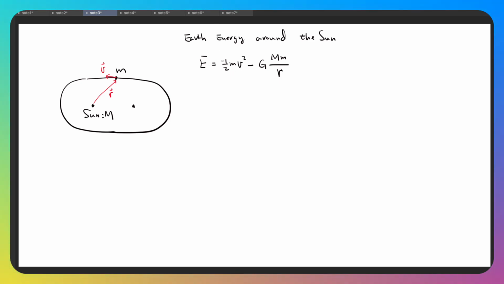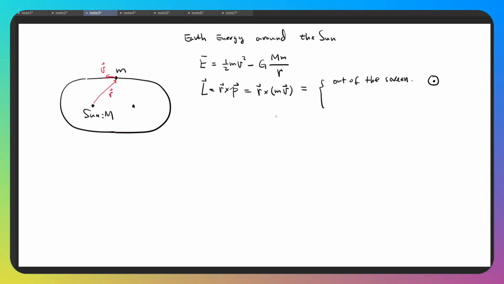But now I want to add one more thing here. I want to figure out its angular momentum. The angular momentum is given by r cross p, which is r cross mv. Okay, and we have talked about that before. So if you look at this picture, r cross mv, the direction is out of the screen using right hand rule, which is represented by this direction.